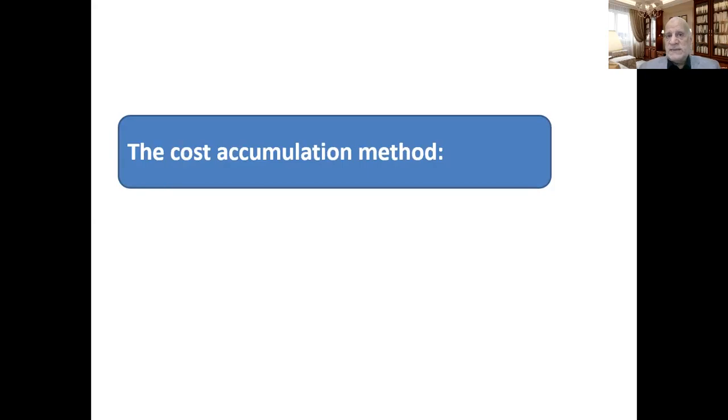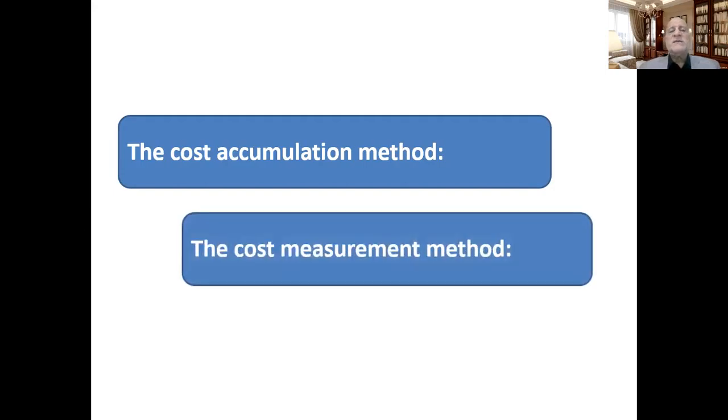You must choose one of these alternatives. The second choice is the cost measurement method. That means, is it actual or normal or standard costing? You must make your mind, you must decide.